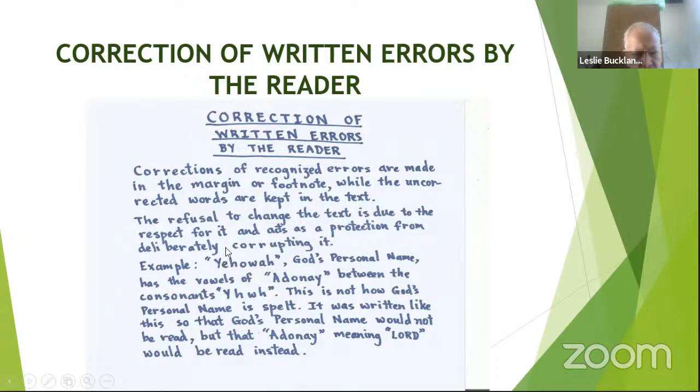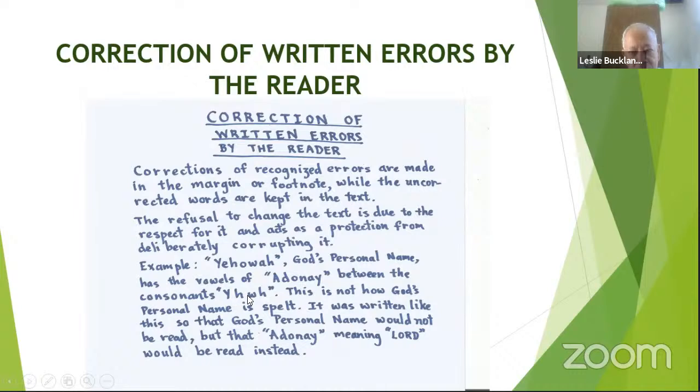Now this word was created by the scribes or the copyists of the Bible because 7,000 times in the Hebrew Bible, you have the consonants YHWH, and Hebrew scholars are almost completely in agreement that there are two possible pronunciations of YHWH.